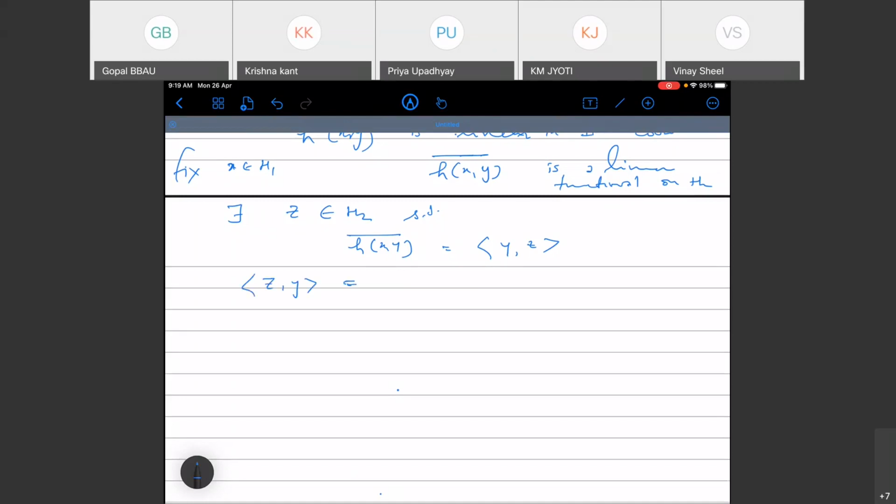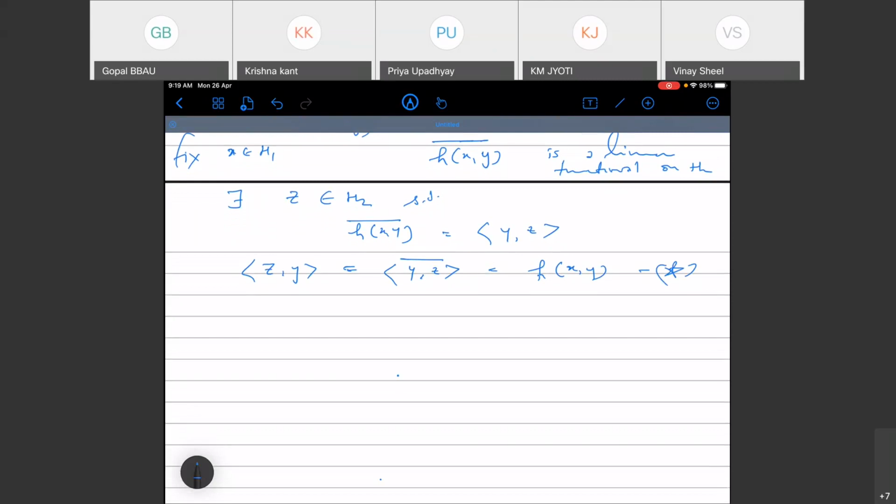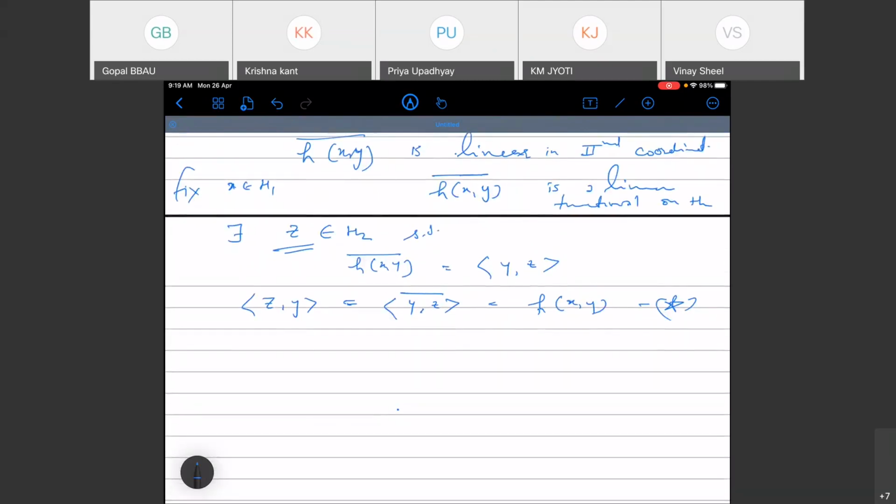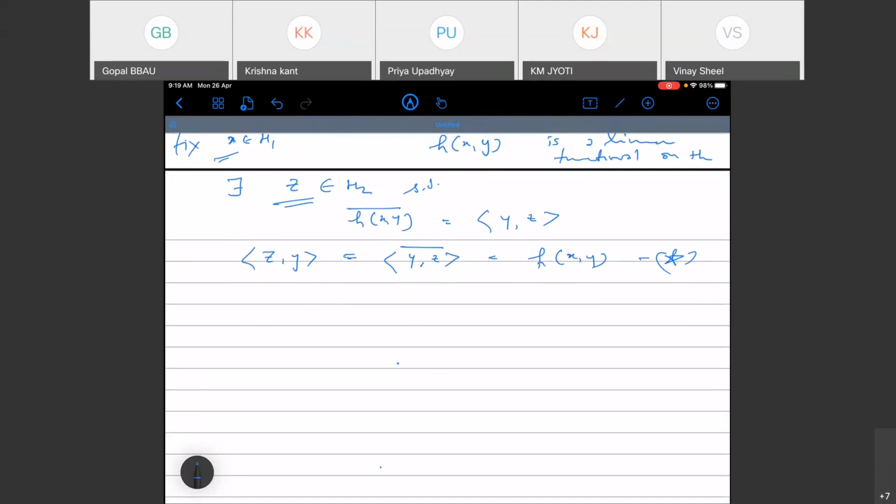This is the same as y comma z bar, which is the same as h x y. Call it star. So this z is unique, and it depends on x. So we are getting a function s from h1 to h2 which sends x to z.